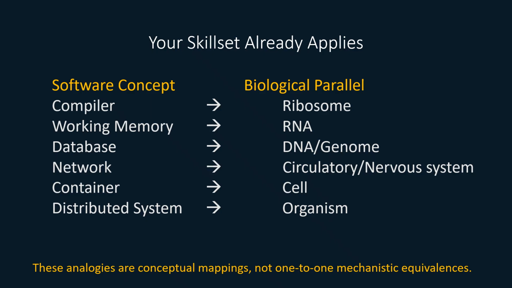Think about a database. That's like your genome, the long-term storage for instructions. Even the cell behaves like a container running isolated processes. You can see other examples here. Just one point: these are analogies, just for your conceptual understanding.